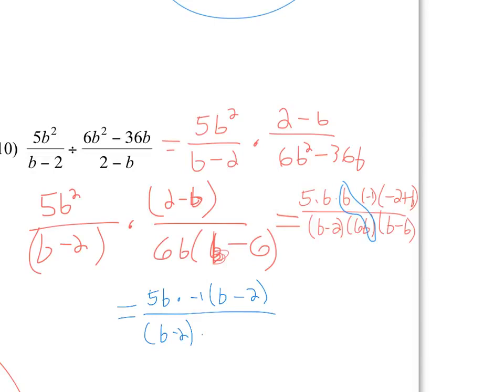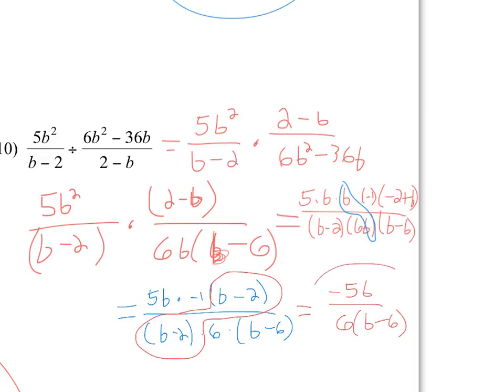I'm left with the 6 still, times 6, and the b minus 6. This is my fancy 1, and I'm left with 5b times negative 1, so negative 5b over 6 times b minus 6. And that's as simple as it gets.